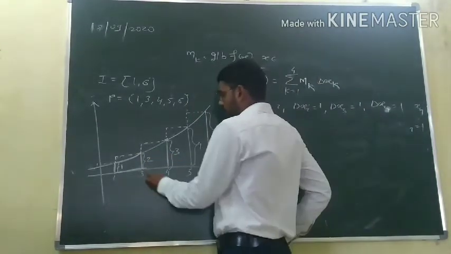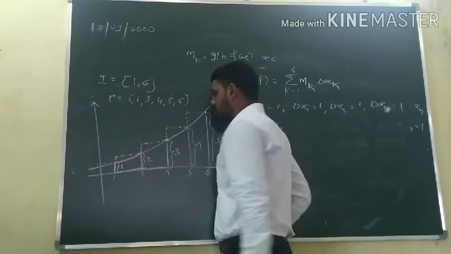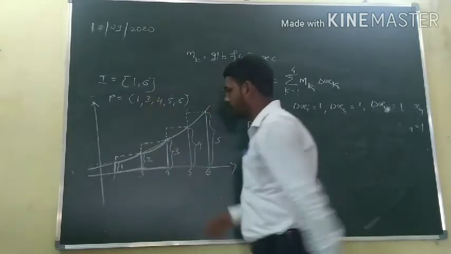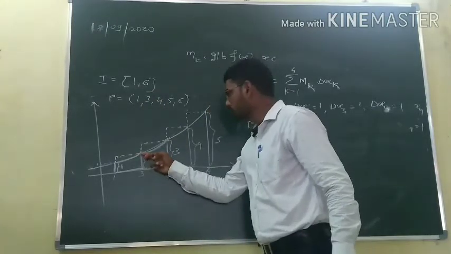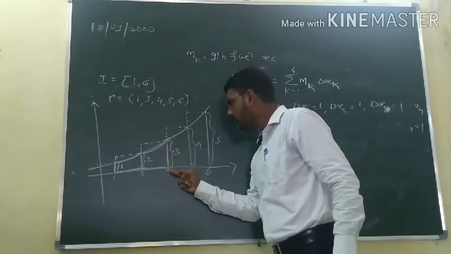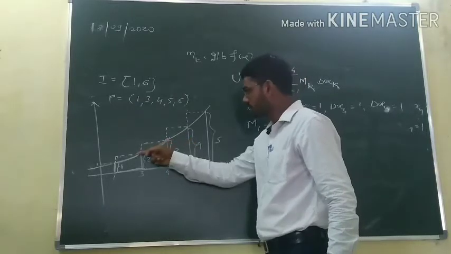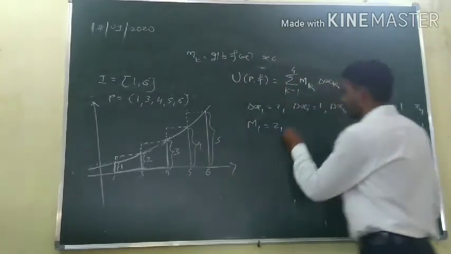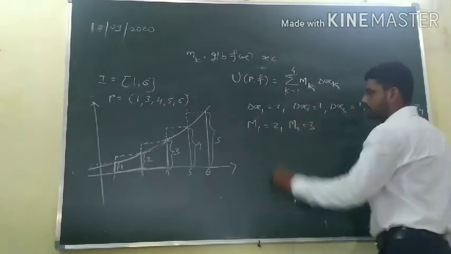Now in the second subinterval, the lowest value is at this point, and at point 4 the maximum value, since the graph is increasing, and the maximum value is 3. So M2 is equal to 3.